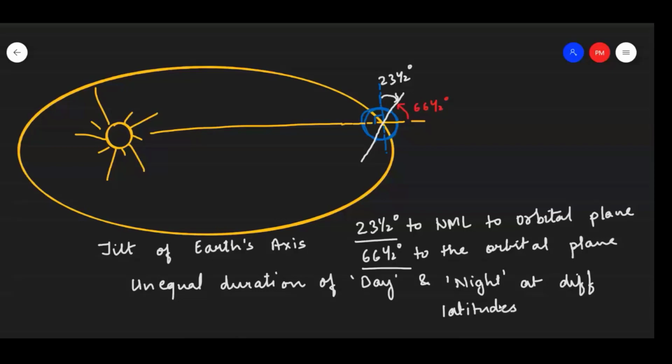Now you will say, how is it possible? So we will do this in great detail when we discuss the time chapter. But for now, you should know the tilt of the Earth's axis.